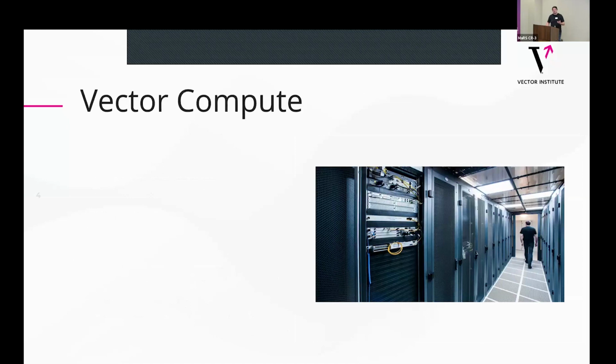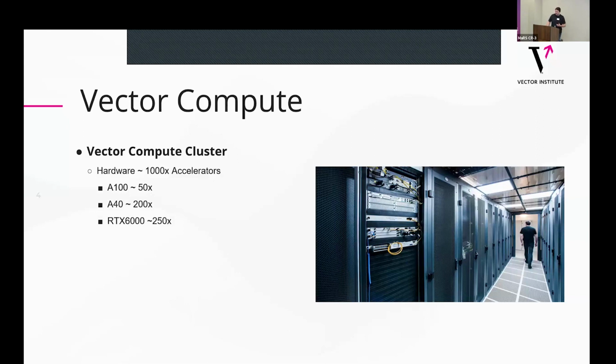So in terms of compute, what do we have available at Vector? This is probably review again for lots of you. But our cluster is about 1,000 accelerators of a variety of different generations. At the high end, we have about 50 A100s, 200 A40s, about 250 RTX 6000s, about 500 T4s.